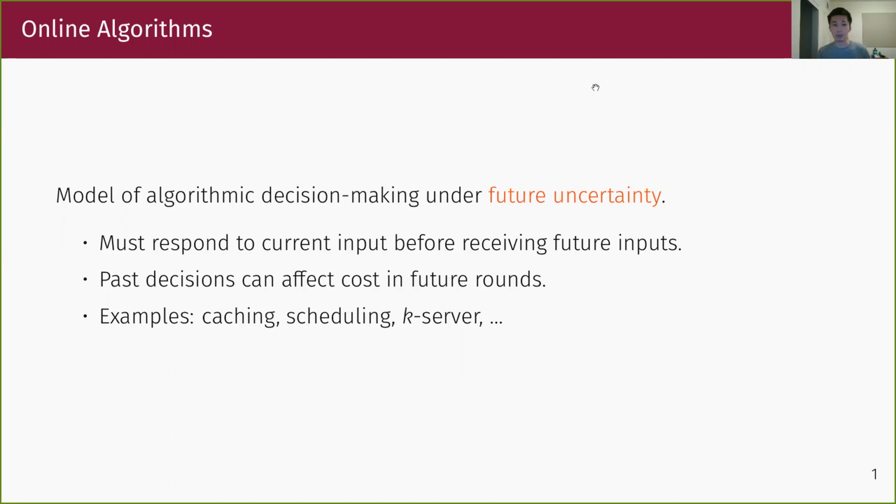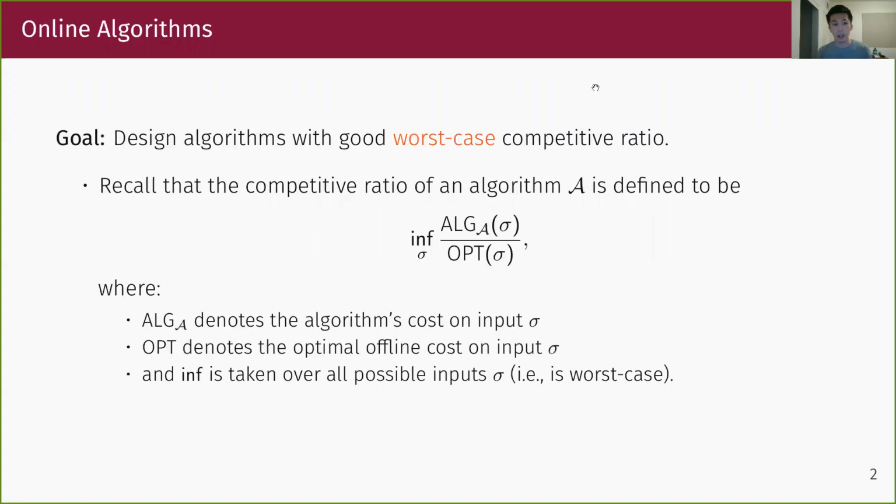Examples of such online problems abound in computational settings. These include caching, scheduling, K-server, metrical task systems, among others. And in theoretical computer science, much of the work on online algorithms has focused around the design of online algorithms with good worst-case competitive ratio.